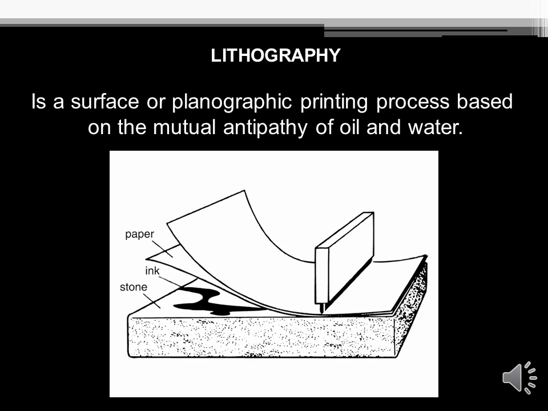After the image is done being transferred, it is treated with some gum arabic and a small amount of acid that fixes it to the surface. Next, you blot the surface of the stone with a sponge or some type of rag and water, and you roll ink over the surface afterwards.